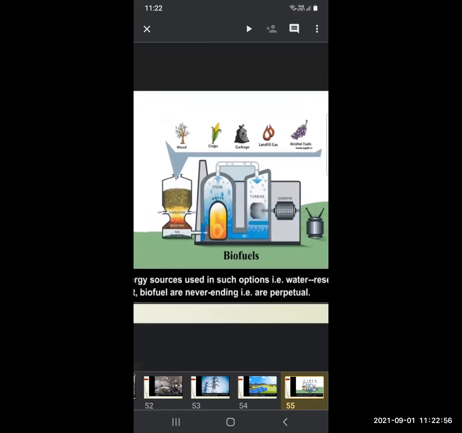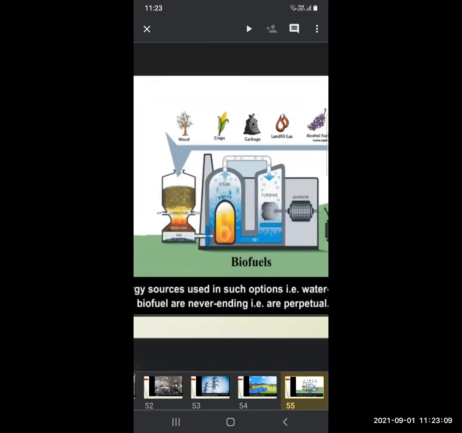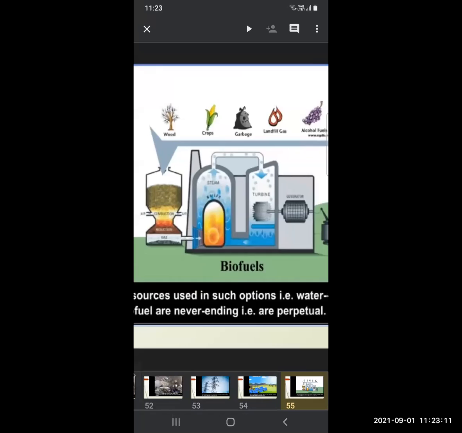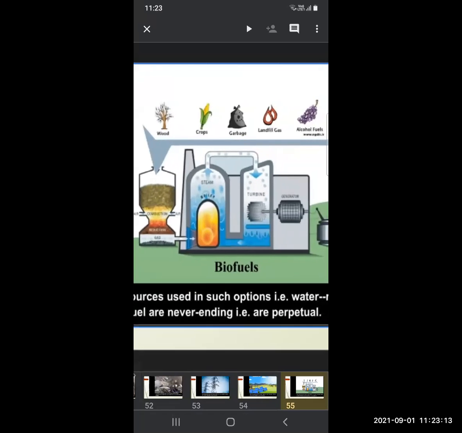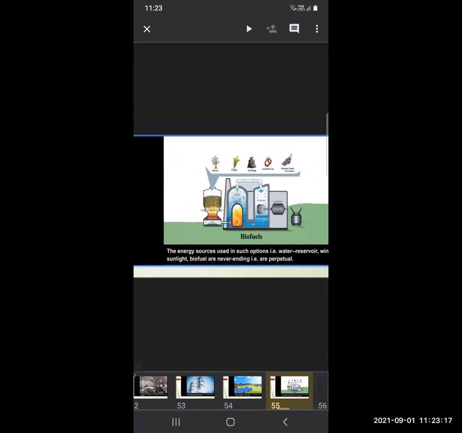Biofuels like gas and alcohol fuel drive a steam turbine generator. In this way, we can get the energy.